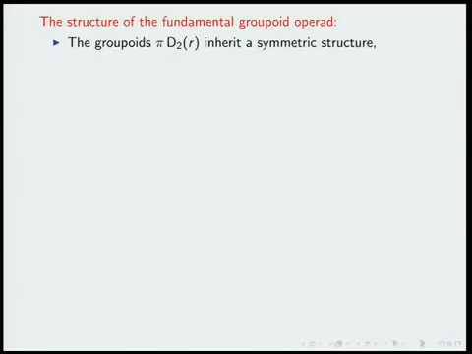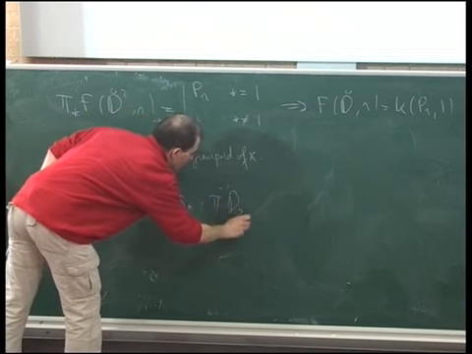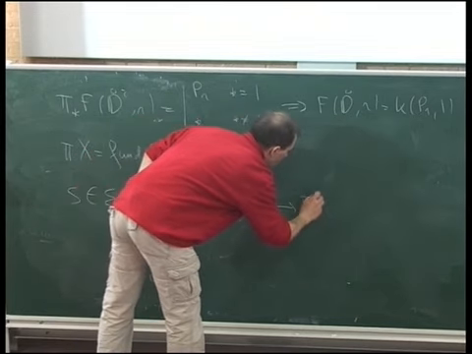Okay, and I claim that these fundamental groupoids form an operad. I mean, first, you have an obvious symmetric structure on the fundamental groupoid. This means that each permutation sigma in S_r gives rise to a functor from pi of D2R to pi of D2R.